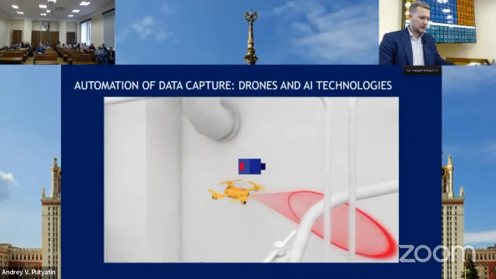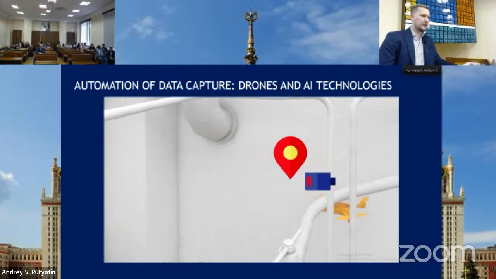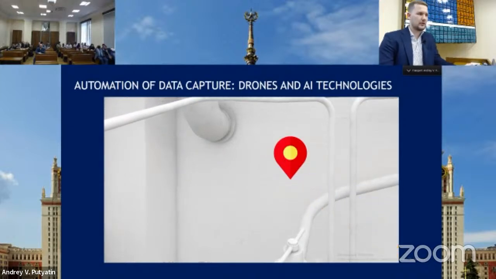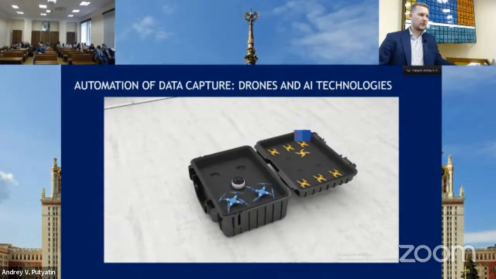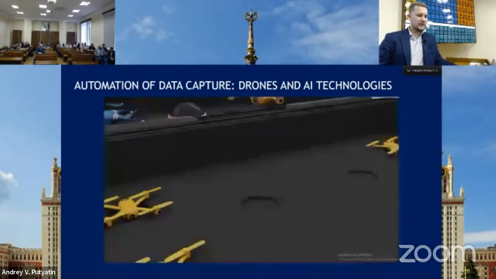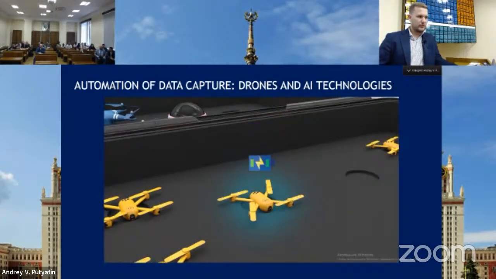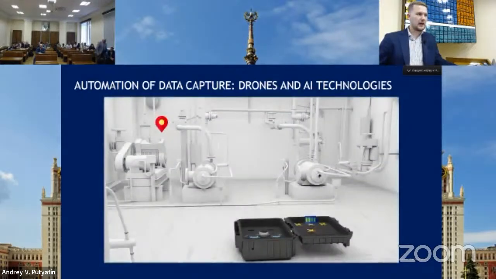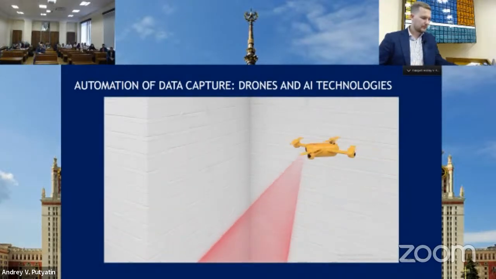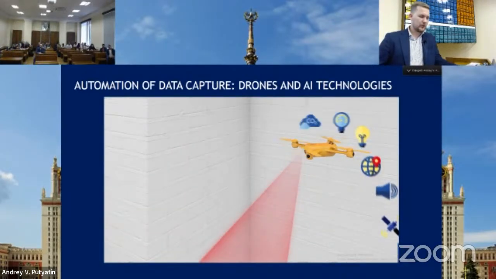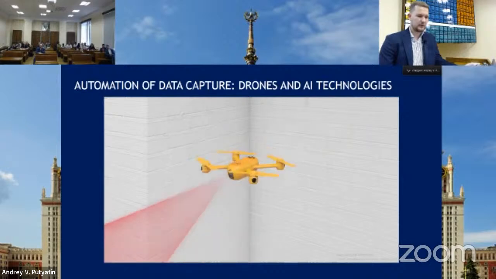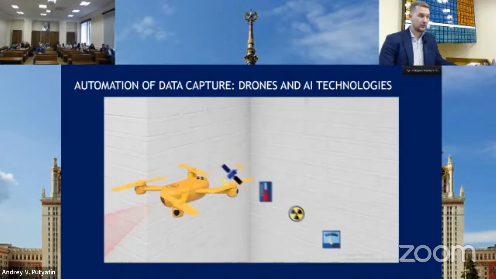Okay, and then the drones usually have limits in the battery charge. So when one drone loses battery charge, it goes to the base station, and another drone, which is fully charged, flies up and continues the survey from the point of the last drone. And thus we can obtain a constant information flow from the survey.